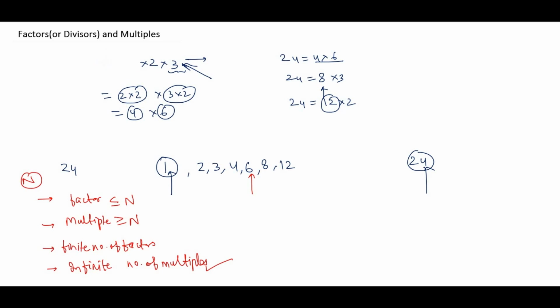Now we will talk about the common factors, right? Let's take example 1. 12 can be written as 2 into 2 into 3 in prime factored form. 30 can be written as 2 into 3 into 5.